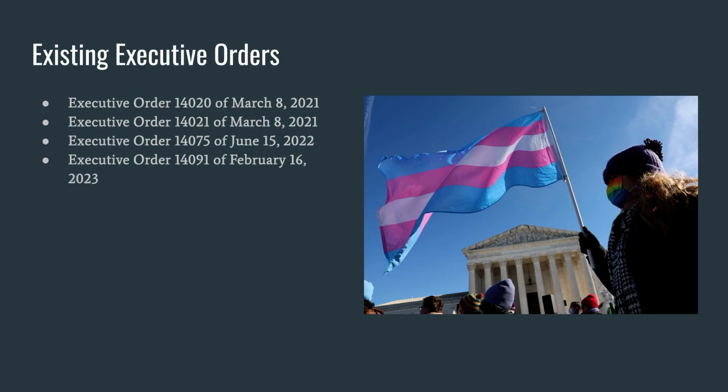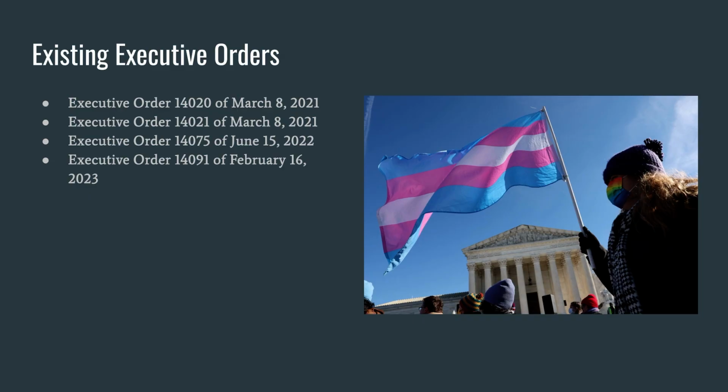On the bright side, these are existing executive orders that still stand as of right now. Again, there are more, but I just wrote the most current ones. So, Executive Order 14020 of March 8, 2021, Establishment of the White House Gender Policy Council, created a White House council to advance gender equity, including equity for LGBTQ plus people.